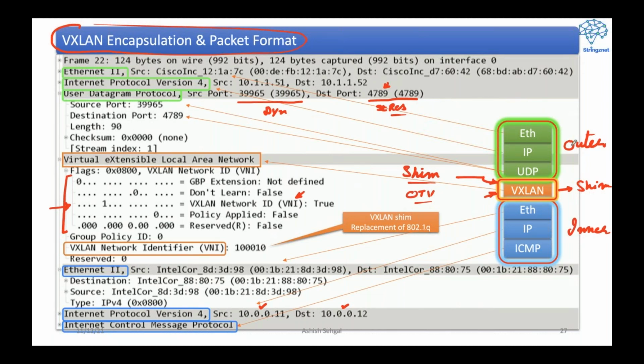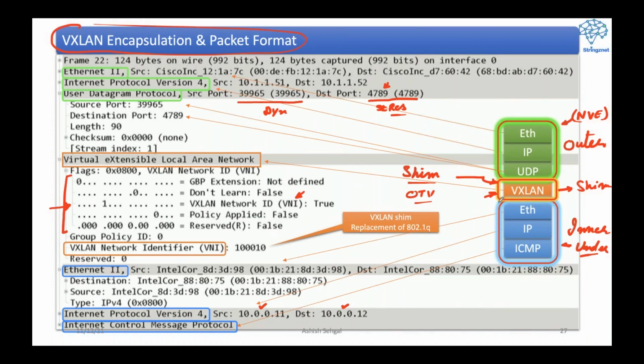The outer portion of VXLAN gets configured on the NVE interface. This is there in our underlay.